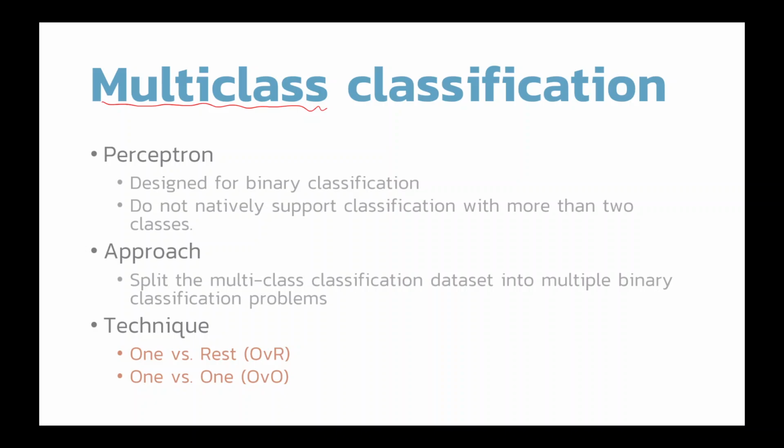In order to do that, we don't actually have to do much. We can just use our Perceptron, which can only do binary classification, but split our multi-class problem into a bunch of binary problems. That's what we are doing. We are splitting the multi-class classification into a lot of binary classifications.